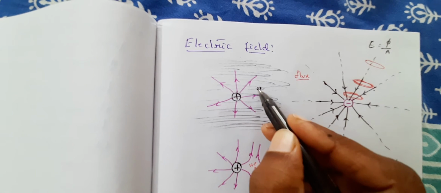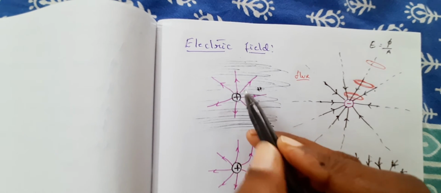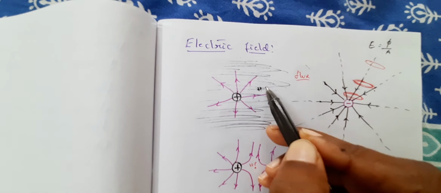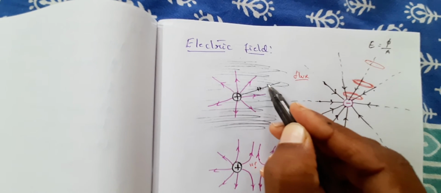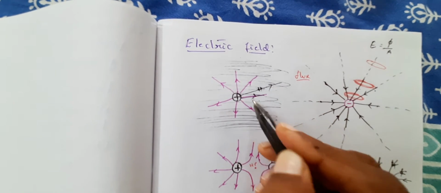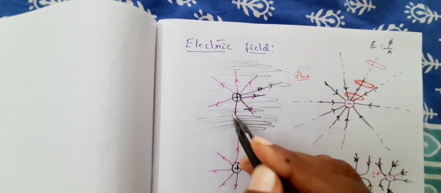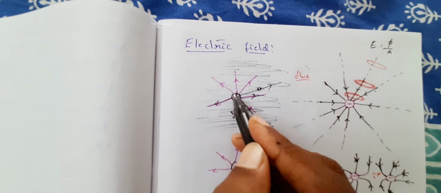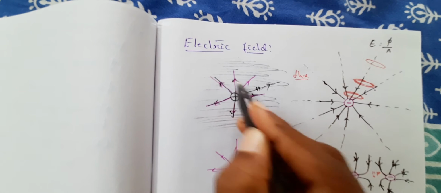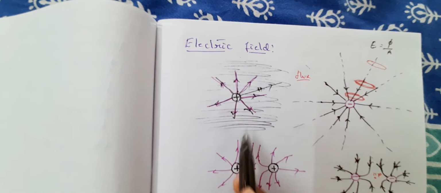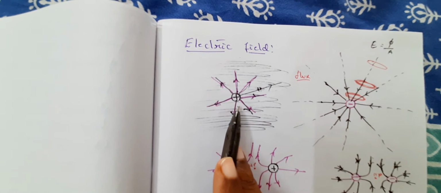Here the unit positive charge experiences a repulsive force, thus it moves like this. So all these lines of force move radially outward when a single positive charge is present.